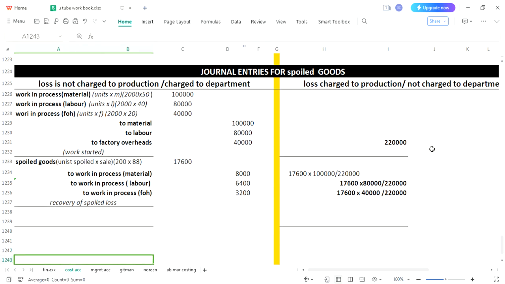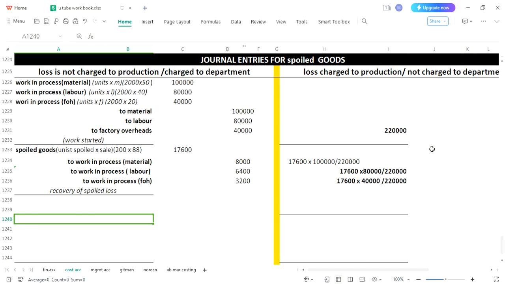It's time to see our third entry, and hopefully you remember third entry was finished goods to work in process material.